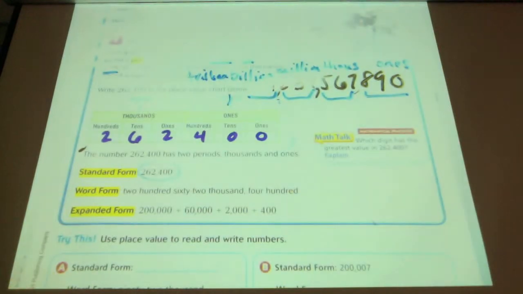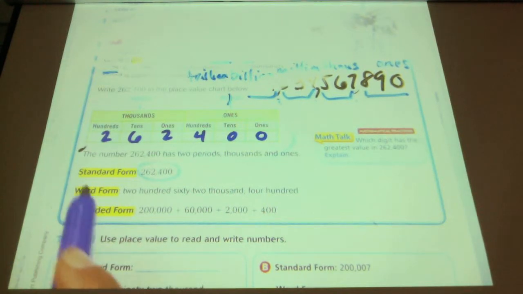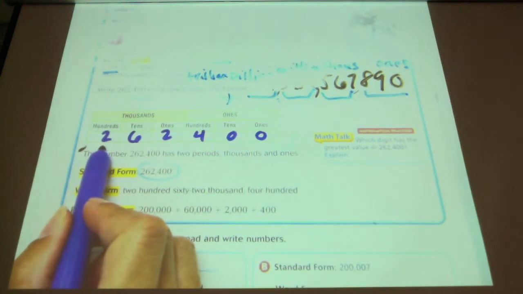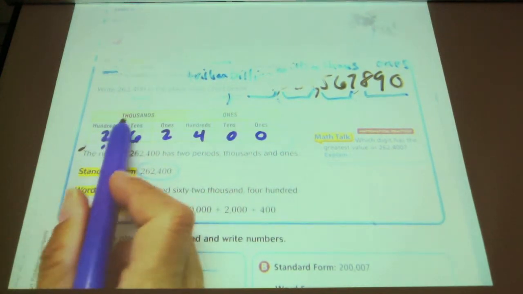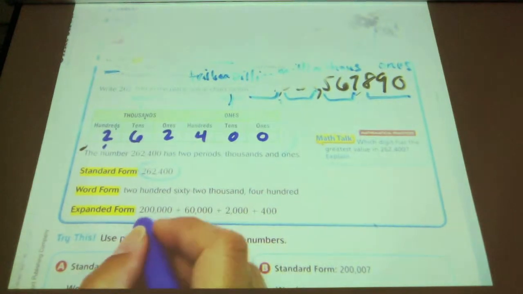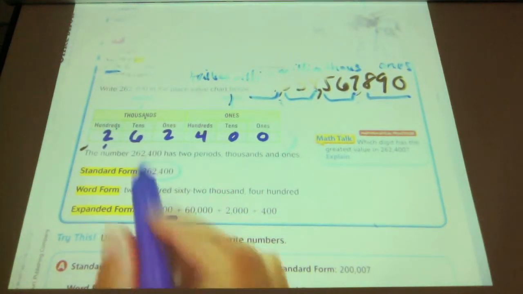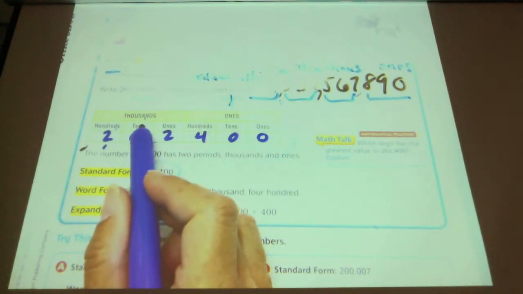262,400. If I'm writing an expanded form, I'm going to write each digit as the value that it is. We did place value yesterday. So the 2 stands for 200,000. So this is how you write 200,000. The 6 stands for 6. We don't say 10,000.